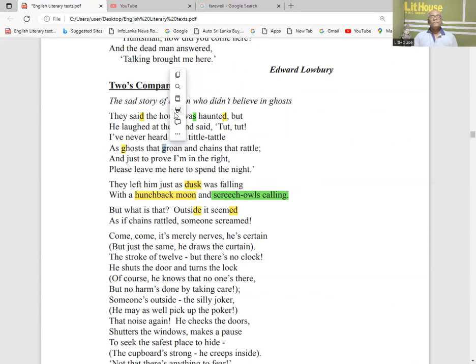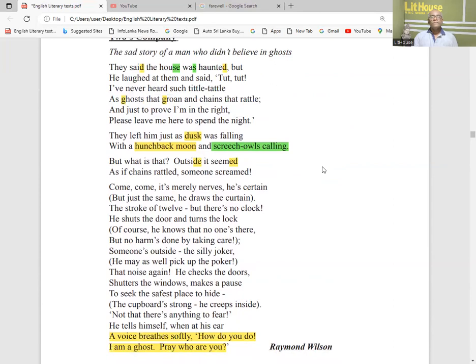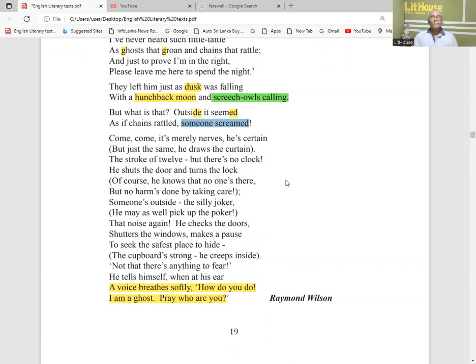Groan, G. Another example, someone screamed, underline S. You can find many more if you go through the poem in between lines.